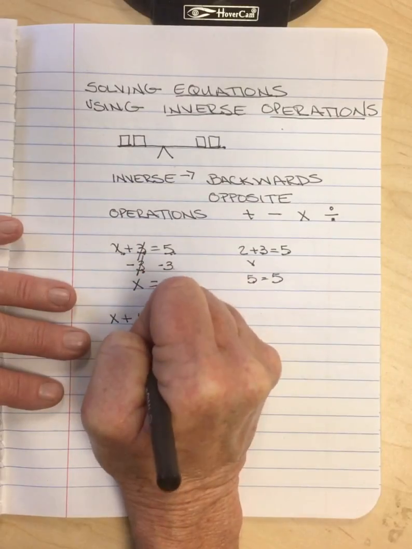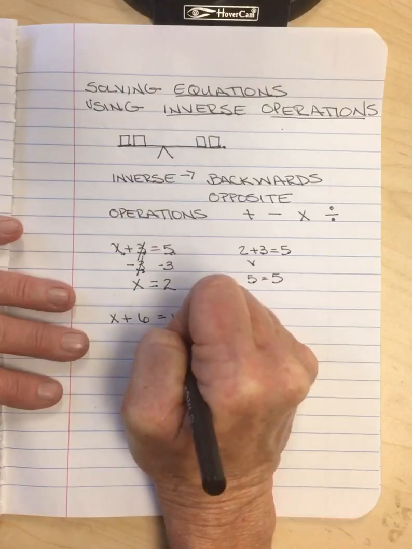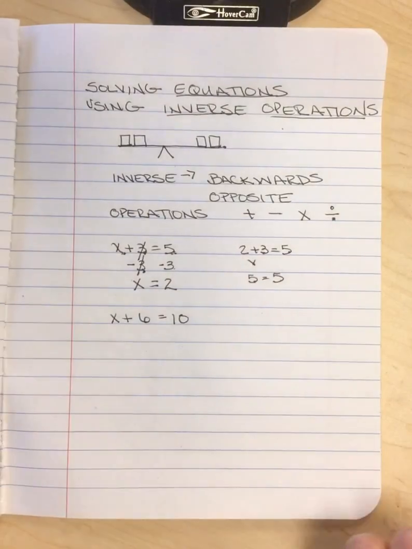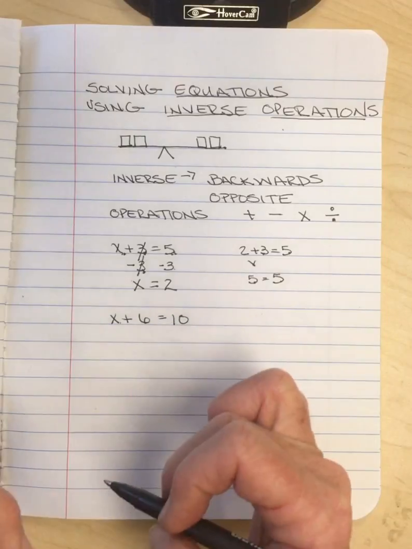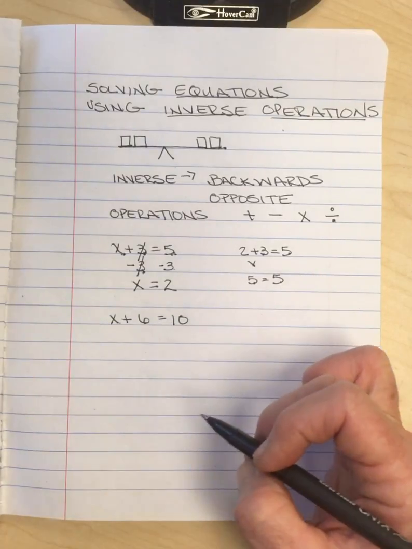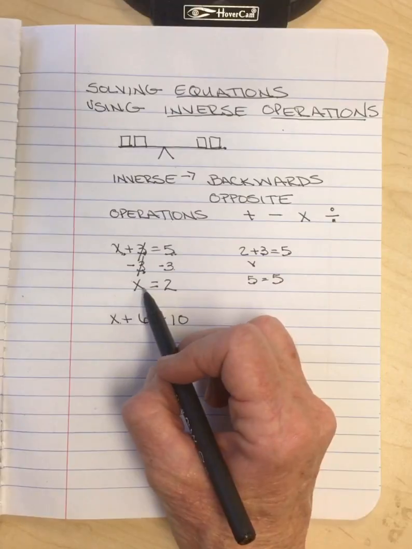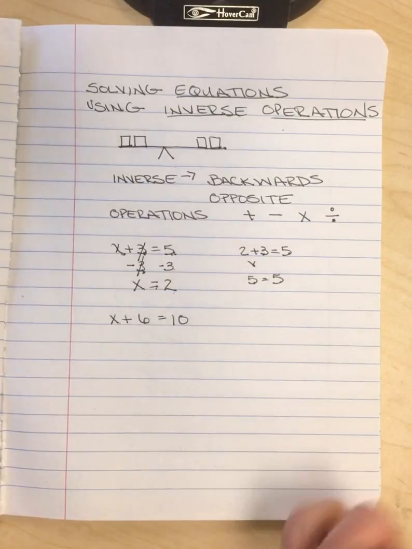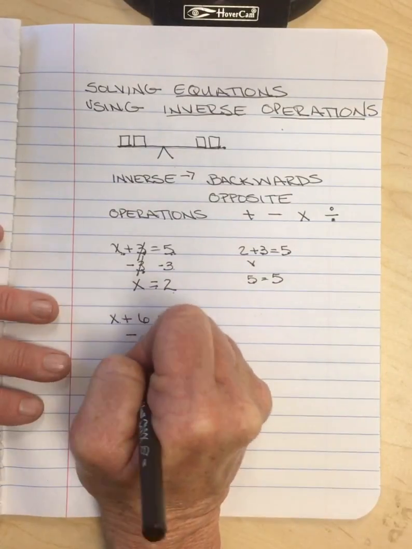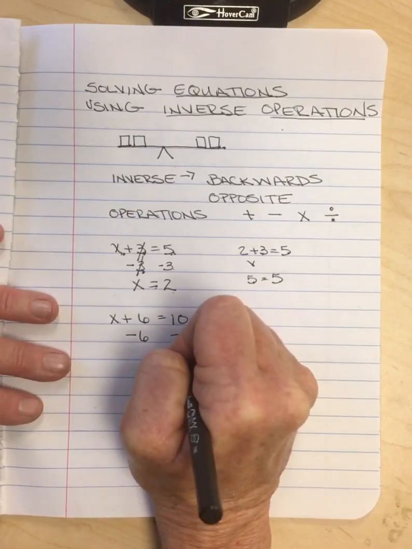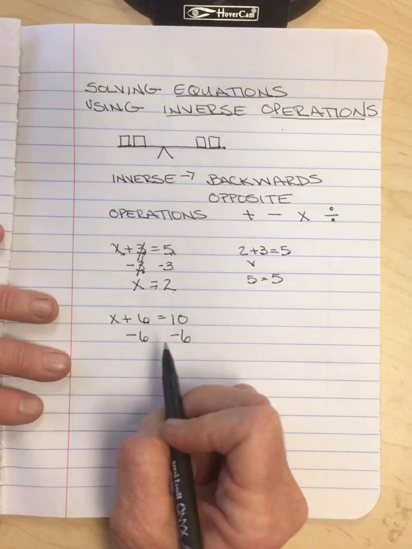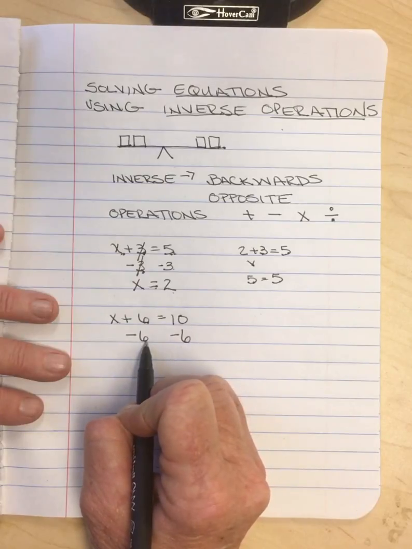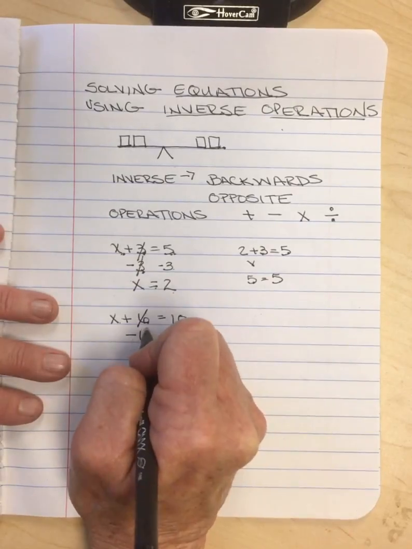x plus 6 equals 10. Now remember, I want to find out what the unknown number is. And so I have to isolate it and get it by itself. I need something that will tell me x is equal to what? So I'm going to do my inverse operation. And I'm going to take 6 minus 6, and that's going to be equal to 0.